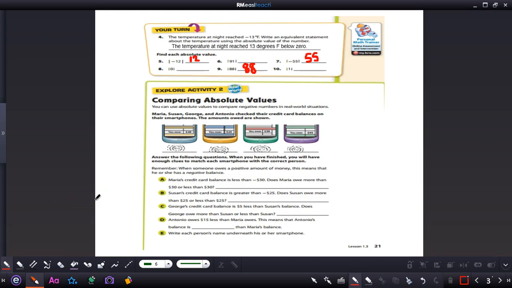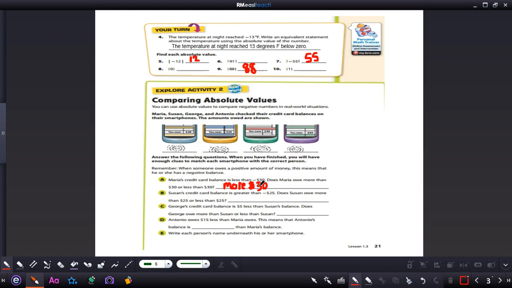It says Maria's credit card balance is less than 30. Does Maria owe more than $30 or less than $30? So for letter A, we know that Maria owes more than $30. Next one, letter B. Susan's credit card balance is greater than -25.